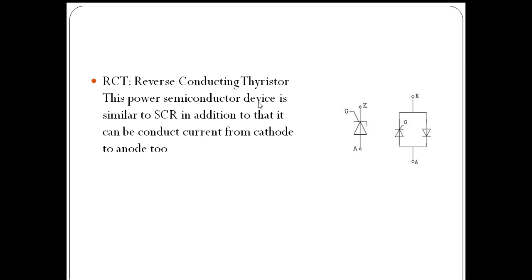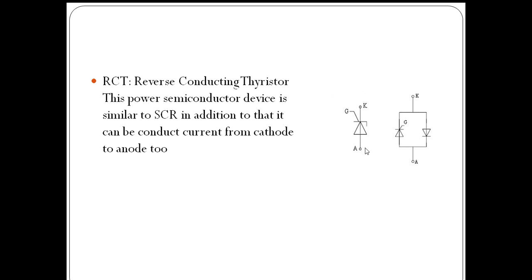This power semiconductor device is similar to the SCR. In addition to that, it can conduct current from cathode to anode too. In an SCR, the conduction is only one way, from anode to cathode, with respect to the gate signal.